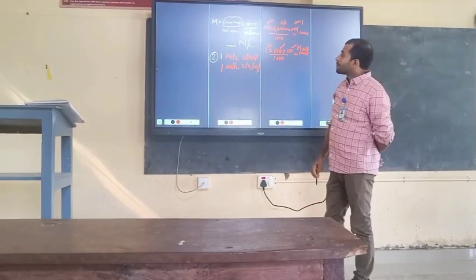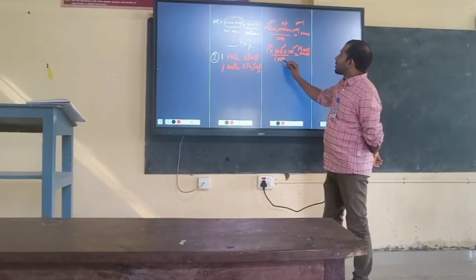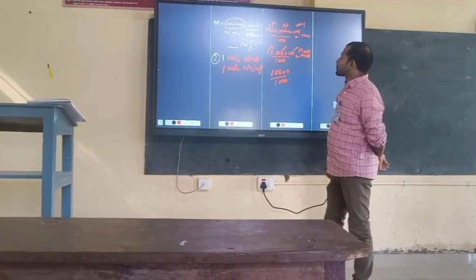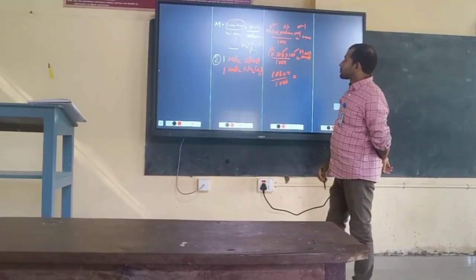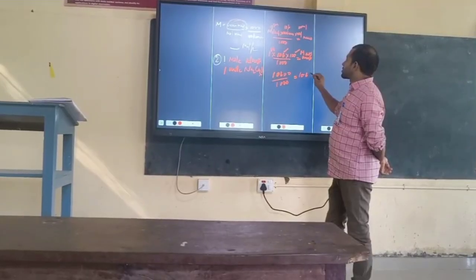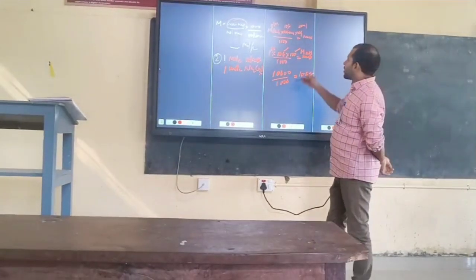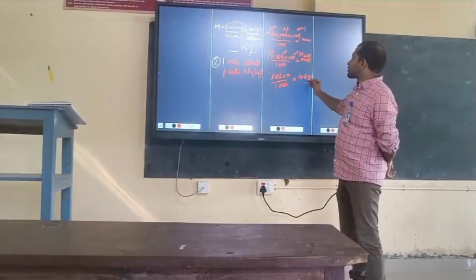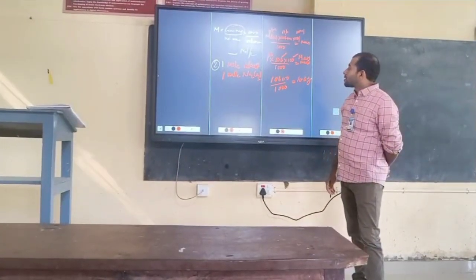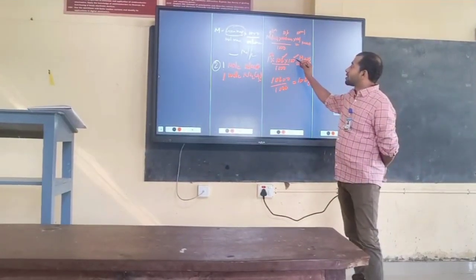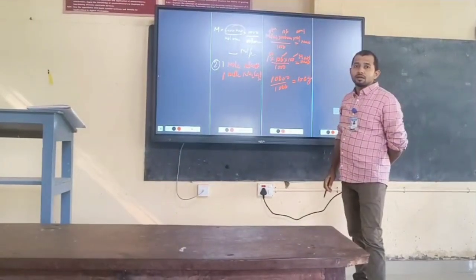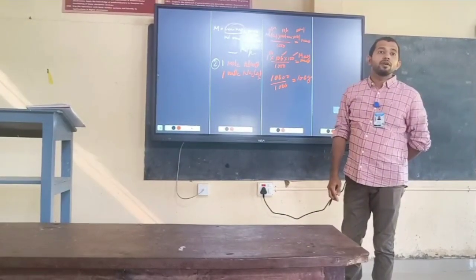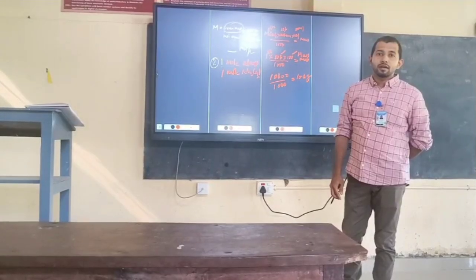If we multiply these values, 10600 by 1000, we get the mass in gram, and if you dissolve it in a 100 ml standard flask, you can prepare a 1 molar solution.